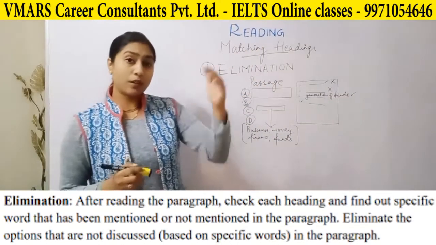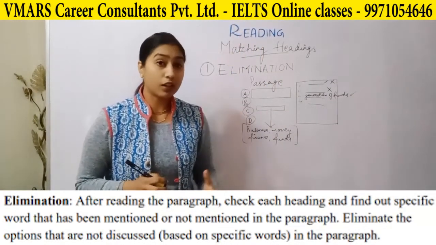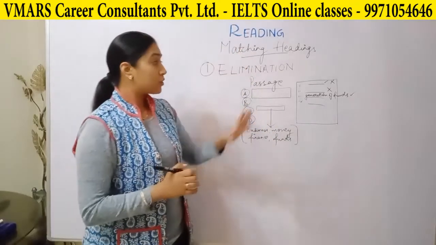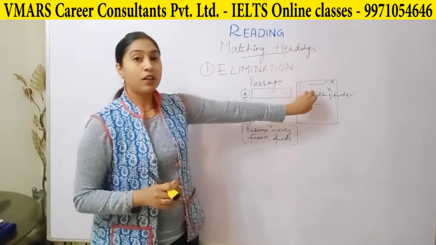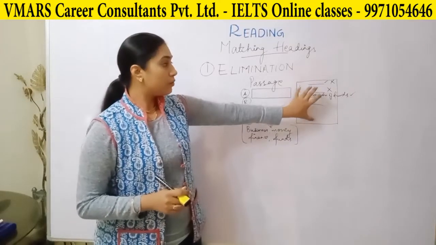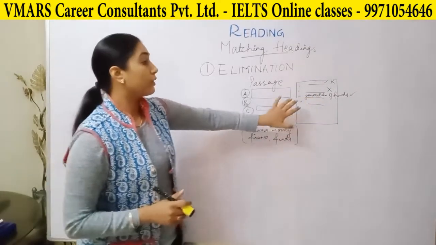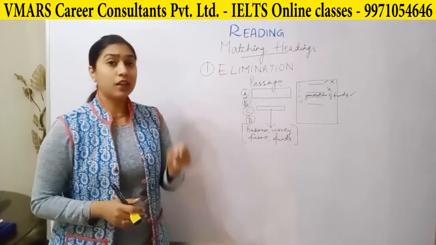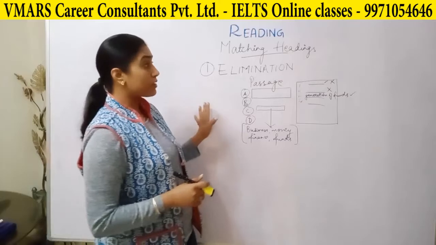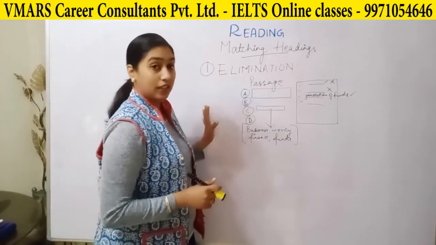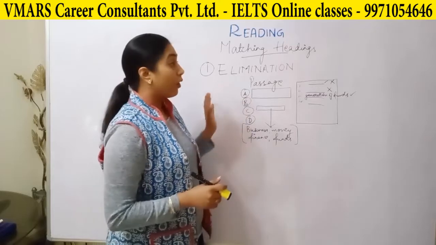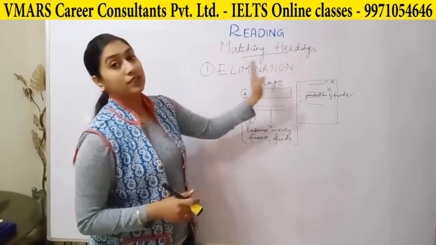You're going to eliminate the headings that are not talking about what the paragraph was mentioning. By elimination, you're reducing your chances of error, and once you reduce your chances of error, you get to the right heading. Stick with the same video because once I complete telling you the techniques, I'll be showing you through the slides how we can work practically on this technique.